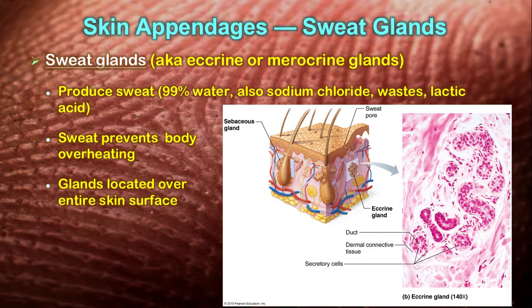If you are sweating because you are hot, it usually starts at your forehead and works its way down. If you are sweating because you are stressed and anxious, it usually starts at your palms and works its way up. So it just depends on the source of the stress as to which areas are going to be activated first.